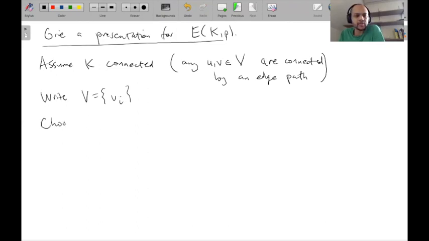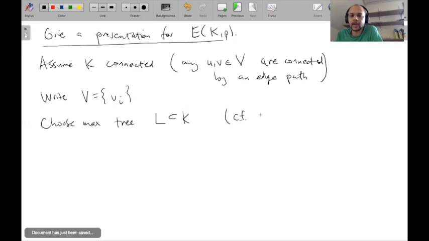And let's choose a maximal tree, L, in K. So this is a subset of just the vertices and edges of K, which gives a graph, and it's a tree, so there's no loops in it, and it's maximal, which is to say that it contains every vertex. This was something we discussed a little bit at the beginning of the course, and you prove that a graph has a maximal tree on homework 1.